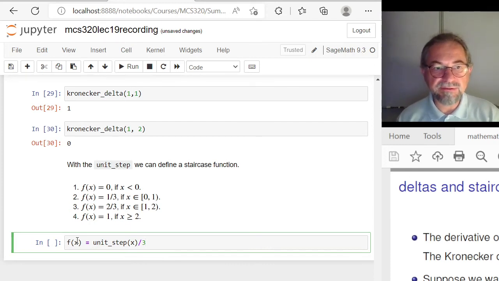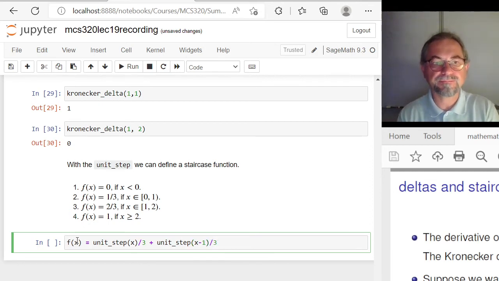So that will satisfy rule 1 and 2, but then when the x is larger than 1, I have to add also 1/3 to this. But this only starts to take effect if x is larger than 1. So I can solve this via a shift. So I can subtract 1 and divide by 3.